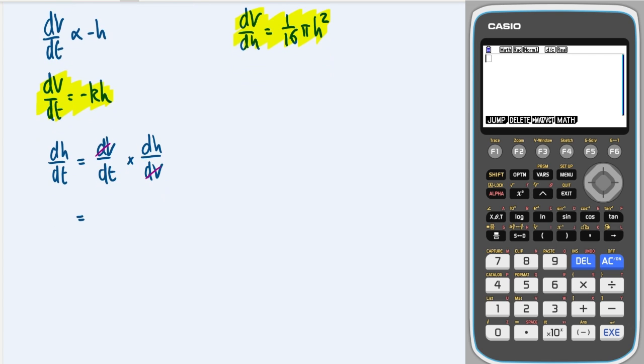Okay, so I just need to sub in now. dV by dt we know is minus kh, and that needs to be flipped over, so that will give me, well, 16 will go onto the top, and we'll have pi over h squared on the bottom.